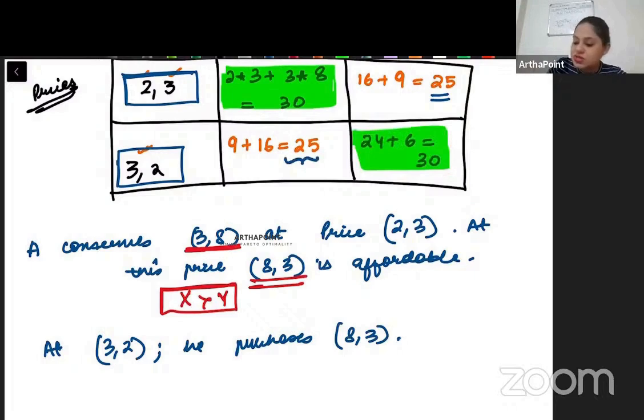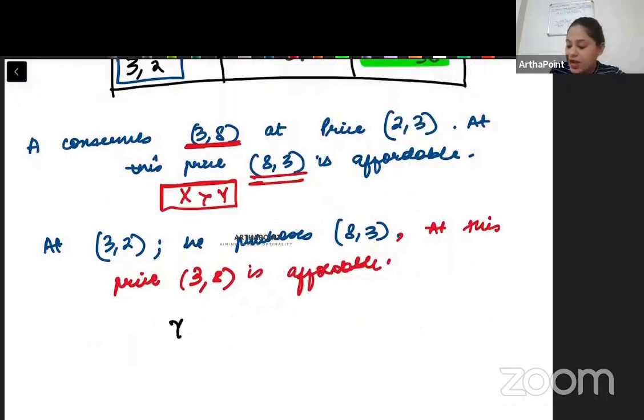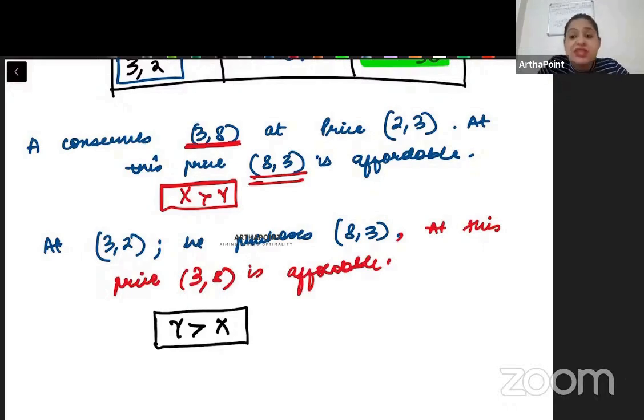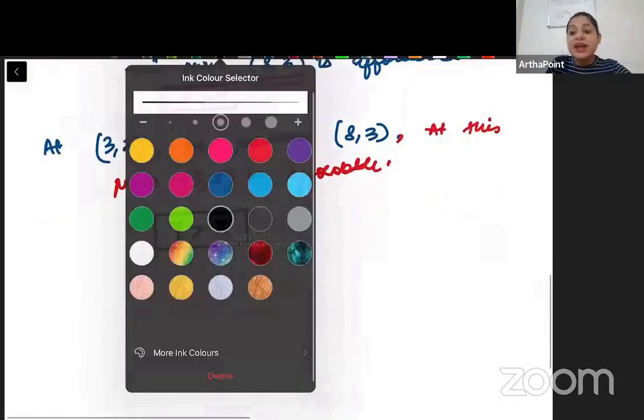So when he purchases this bundle 8, 3 at this price, the bundle 3, 8 is affordable. So he shows that he prefers Y over X. This is problematic. Once he is preferring X over Y, once he is preferring Y over X, that means that he is not satisfying WARP, right? He is not satisfying WARP. So we can say that, therefore, consumer A is violating WARP.